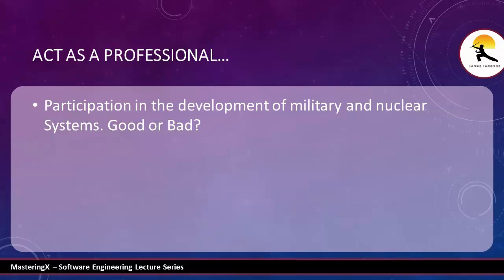Where an organization is involved in military or nuclear work, it should be able to specify that employees must be willing to accept any work assignment. Equally, if an employee is taken on and makes clear that he or she does not wish to work on such systems, employers should not exert pressure to do so at some later date.